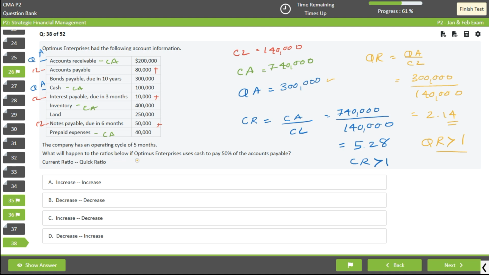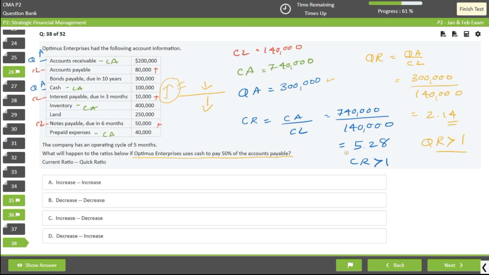What transaction is the Optimum enterprise doing? It uses cash to pay 50% of accounts payable. So in the numerator the cash is decreasing, and in the denominator 50% of accounts payable is decreasing. An equal decrease in both the numerator and the denominator will increase the ratio when the ratio is greater than 1, we know this.